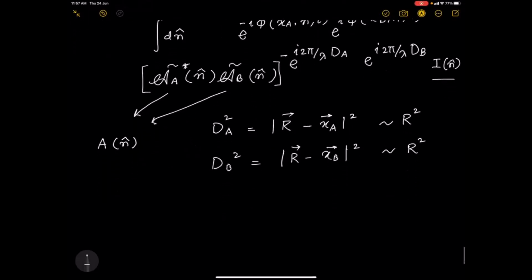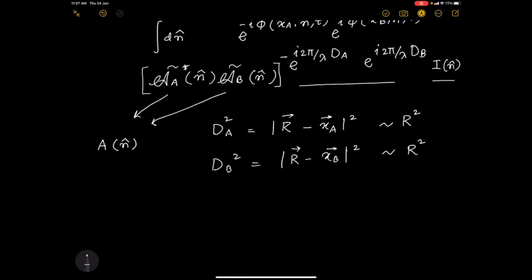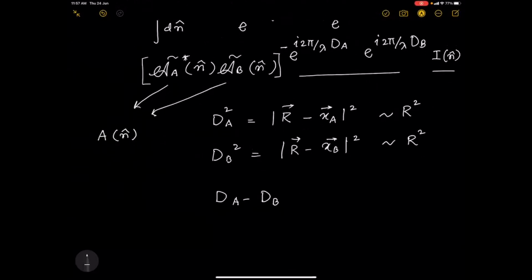What is left for us to calculate is this, particularly the phase. And the phase here has this dA minus dB. And we need to be a little careful here because it's the phase.